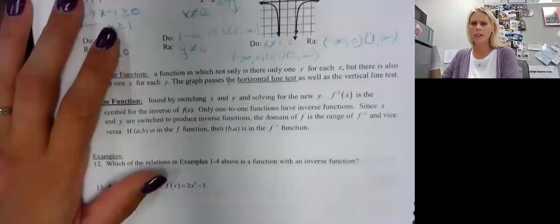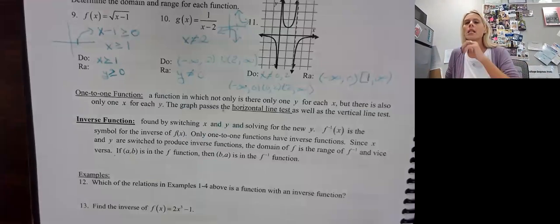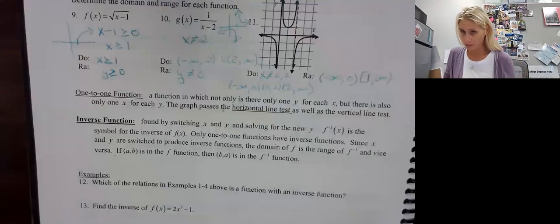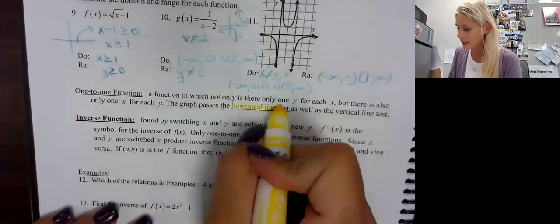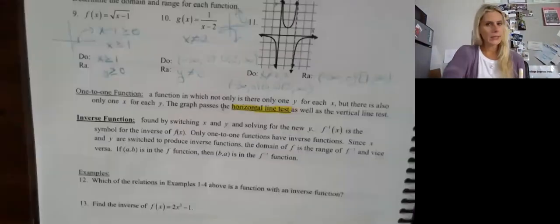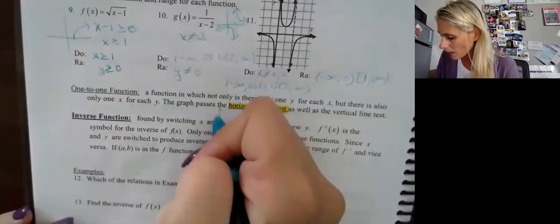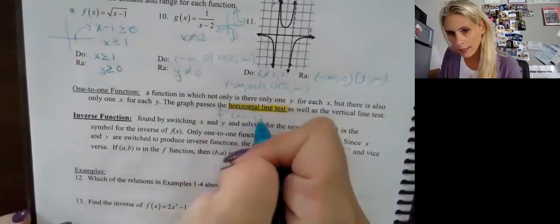Some of you may have heard this, not everyone might have. 1 to 1 means that the function's inverse is also a function. Okay. So the way to do that is actually you could do the graph and do what's called a horizontal line test. So the horizontal line test, sorry guys, is to see if the inverse is a function.